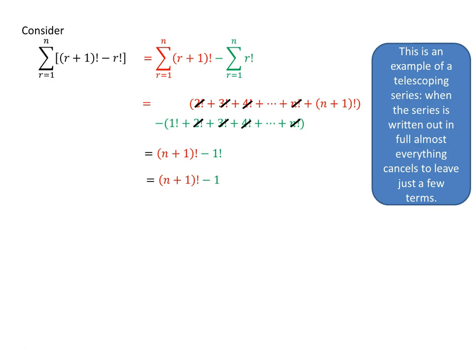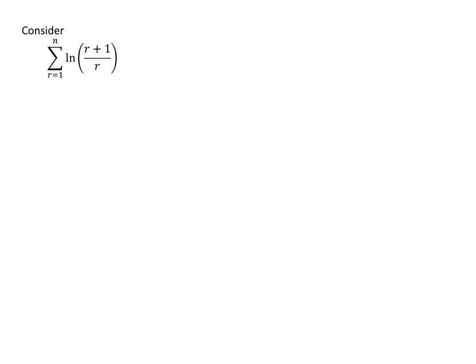So let's move on to a second similar example. We're going to consider the summation between r equals 1 and n of the natural logarithm of (r plus 1) divided by r. Now, using the properties of logarithms, we know that the natural logarithm of (r plus 1) divided by r is exactly the same thing as the natural logarithm of (r plus 1), take away the natural logarithm of r.